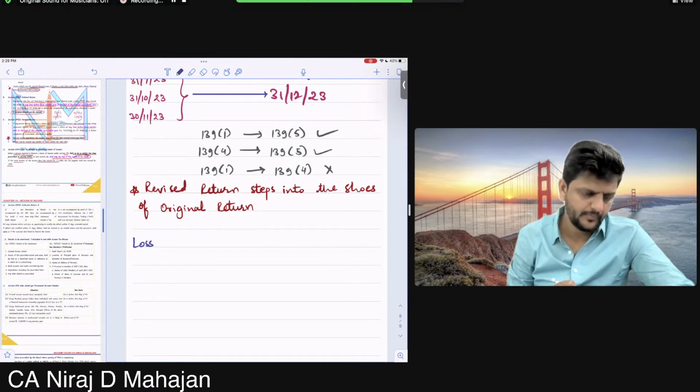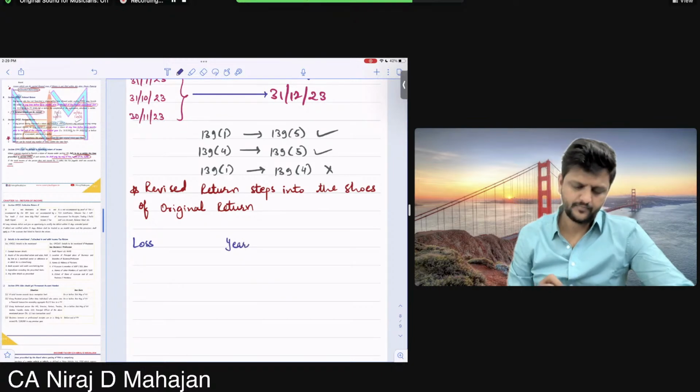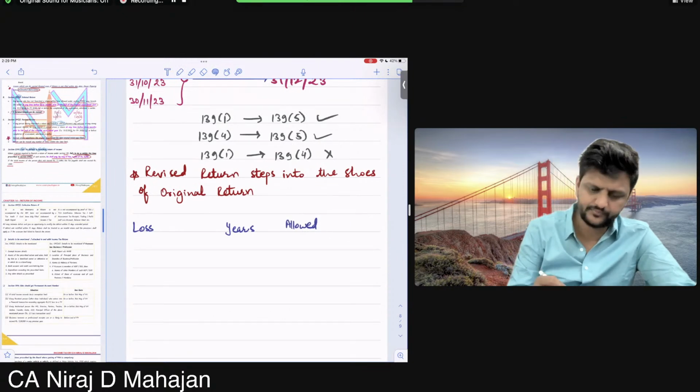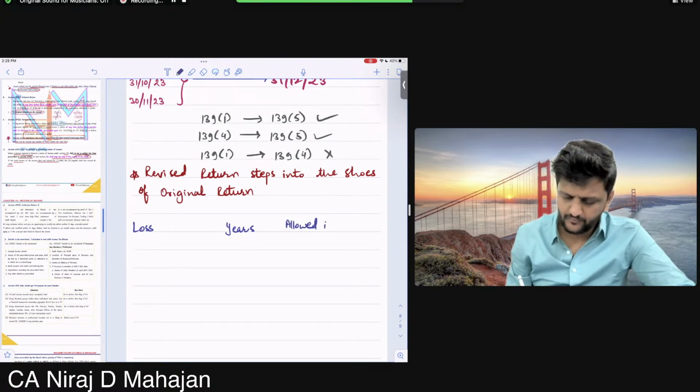Loss carry forward allowed if not filed within due date.